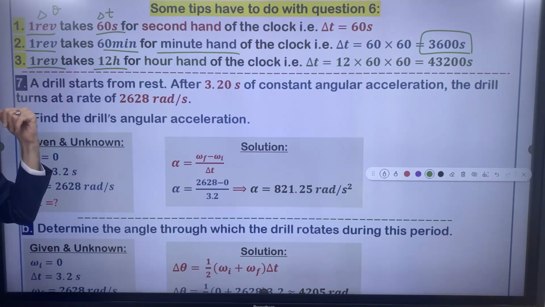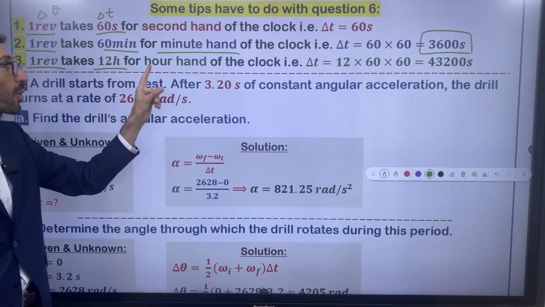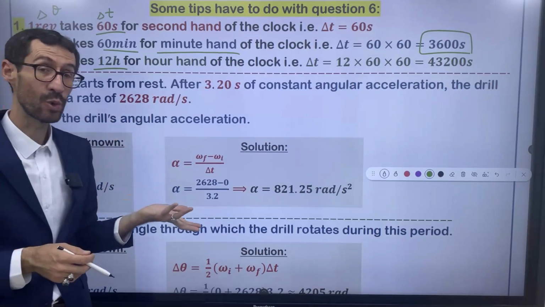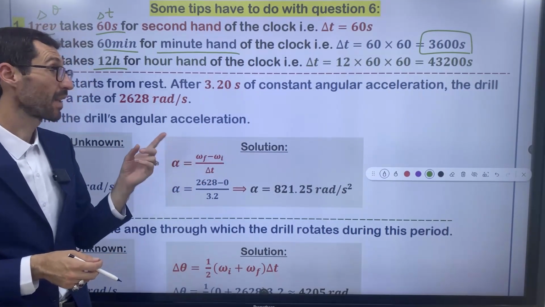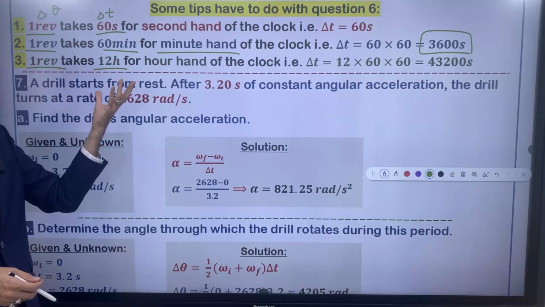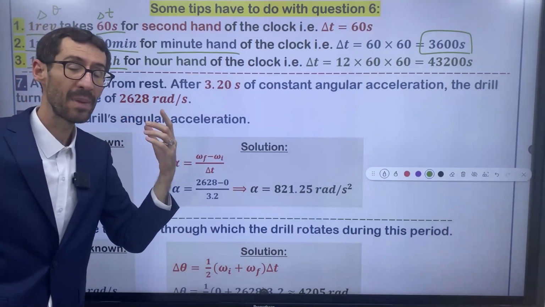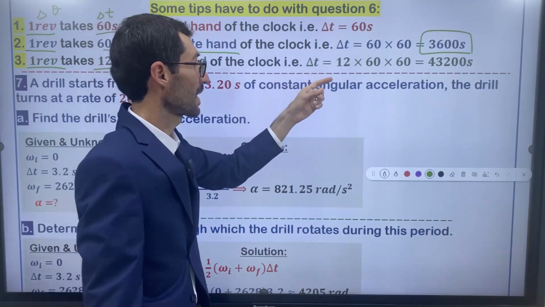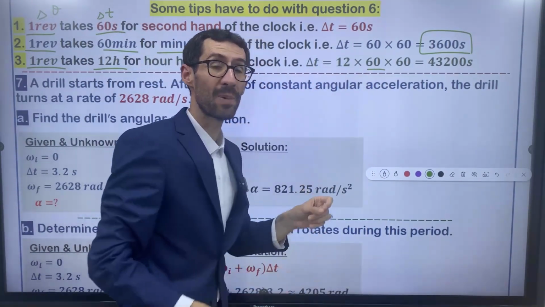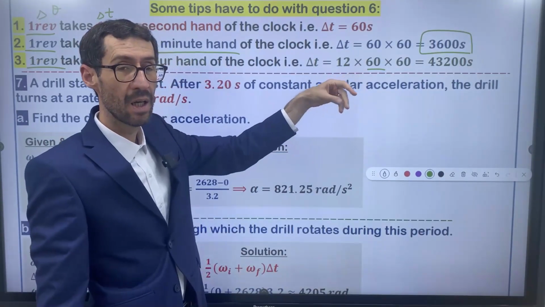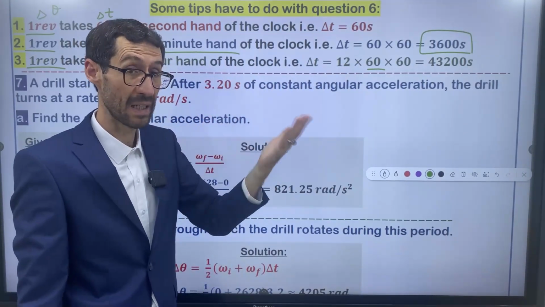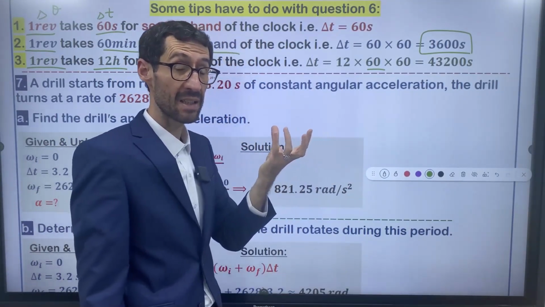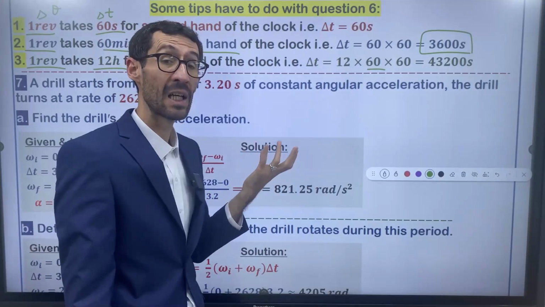What do you say about the hour hand? One revolution takes 12 hours for the hour hand, and you know hour is not allowed in SI. You have to convert it to seconds. Firstly, you have to convert it to minutes. How many minutes does 1 hour have? 60 minutes. So multiplying 12 hours by 60, you convert hours to minutes, but that's not our conclusion.